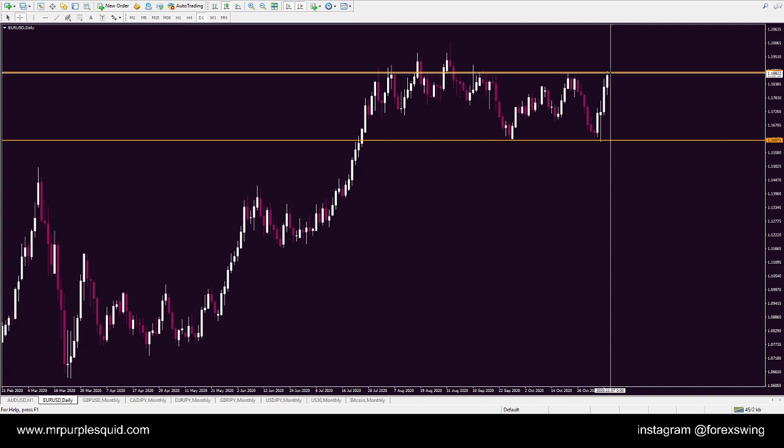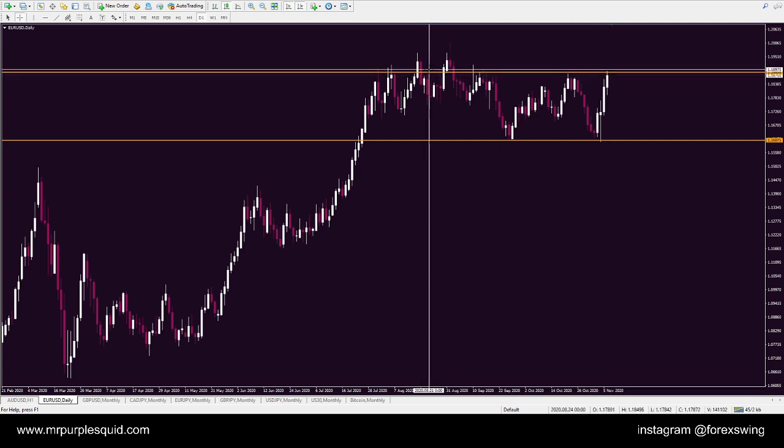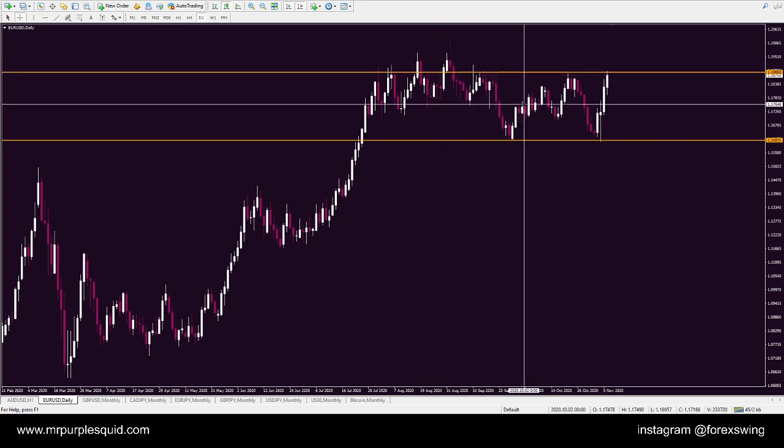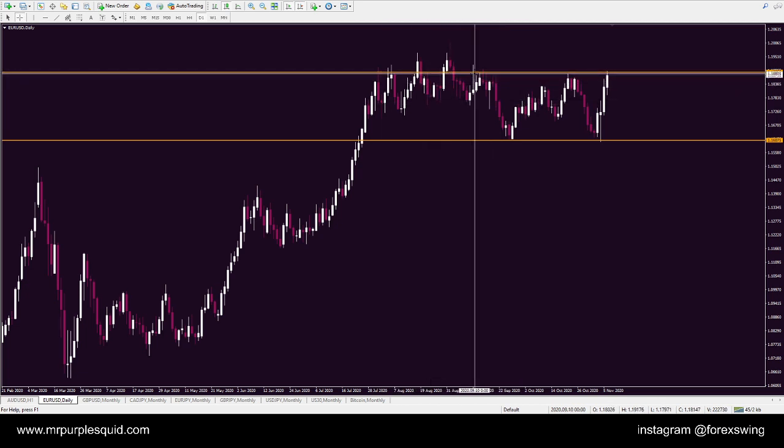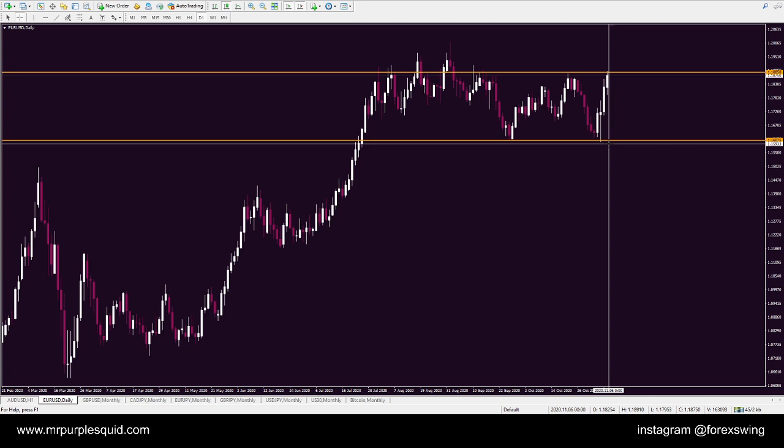It's not worth the risk since resistance is right here. But if it was clear with no resistance, then maybe I would take an entry on the daily, though I really don't take entries on the daily. It's either H4, H1, and sometimes M30.